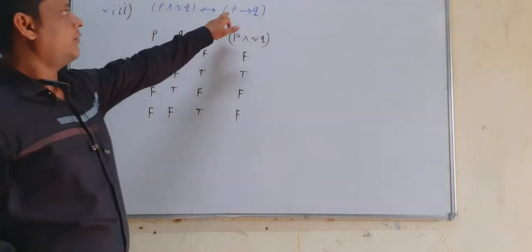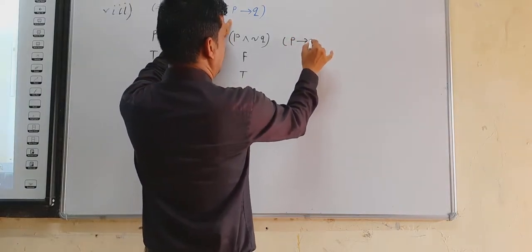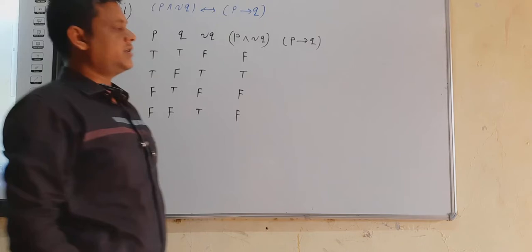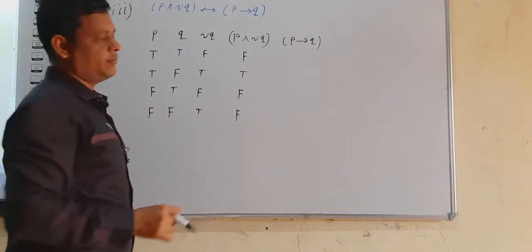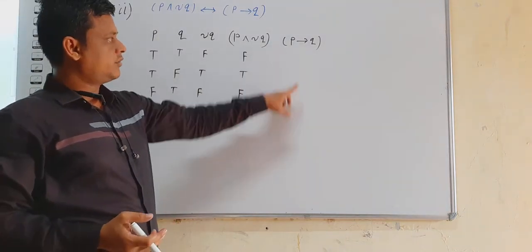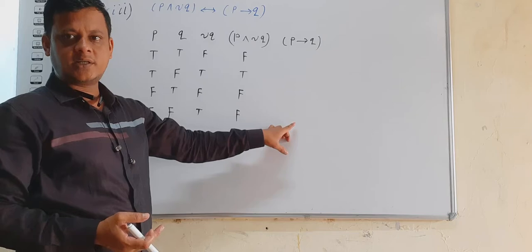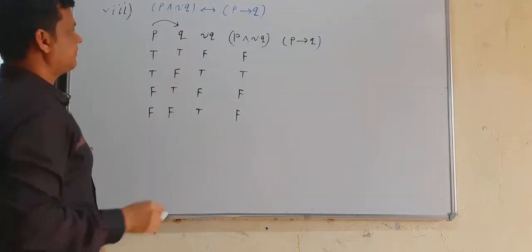Now we prepare entries for P implies Q. For implication, if both the entries are same, then its truth value is true, otherwise the result is that of the second statement. So we give an arrow here.